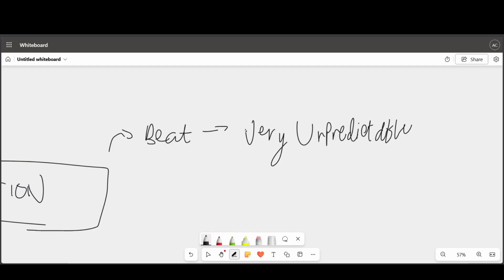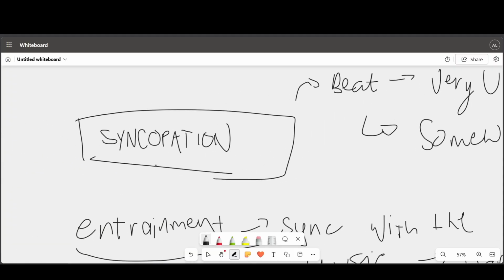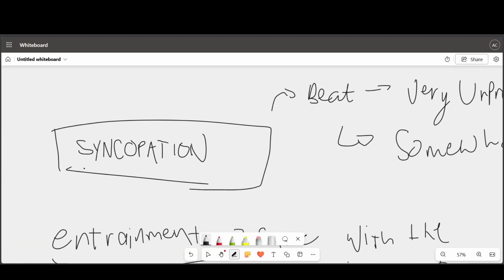But if the beat is somewhat predictable, but not all that predictable, that is exactly what makes you dance. That is why musicians use syncopation, where they deliberately interrupt the rhythmic pattern of the beat.